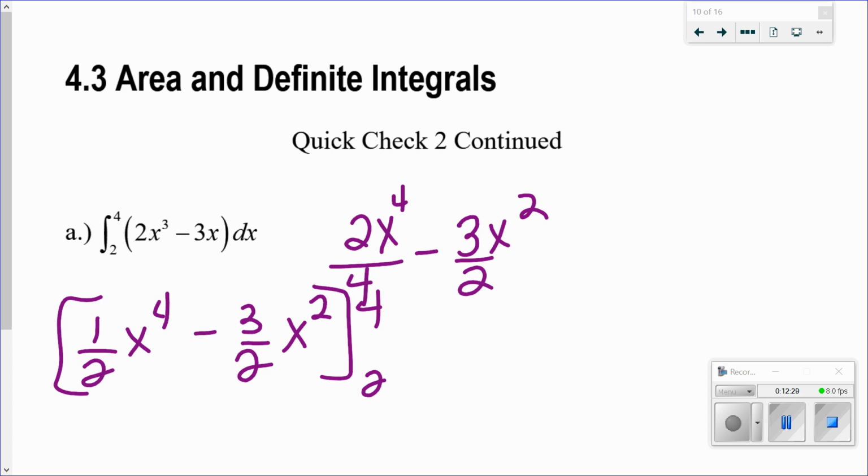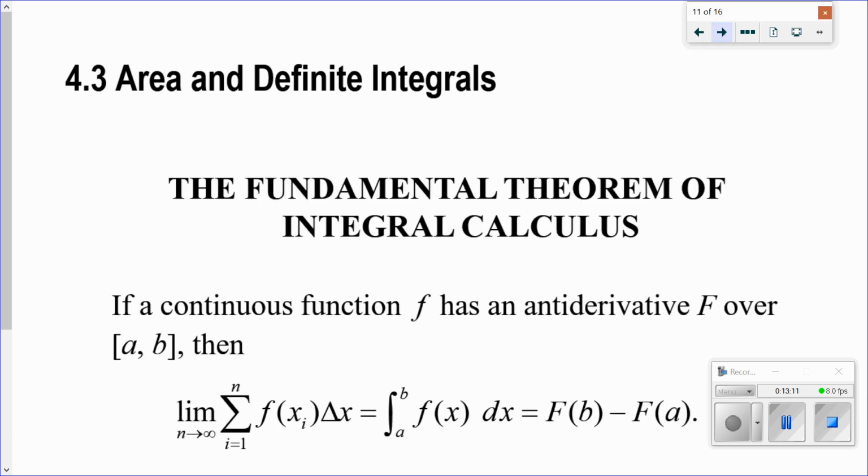Okay, I got, I think that's right. Okay, and I got 104 minus 2, which is 102. All right.